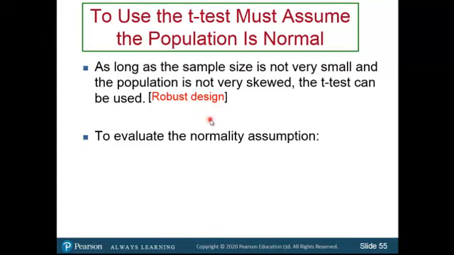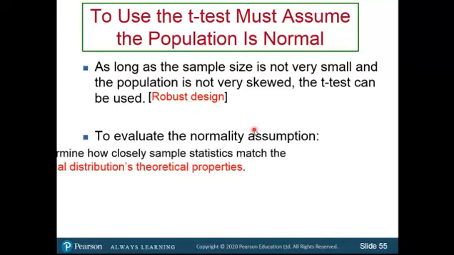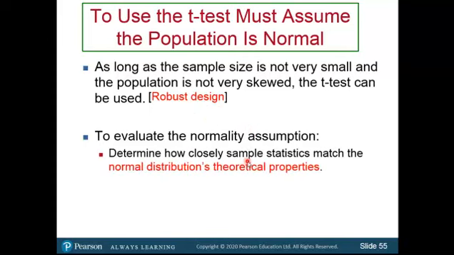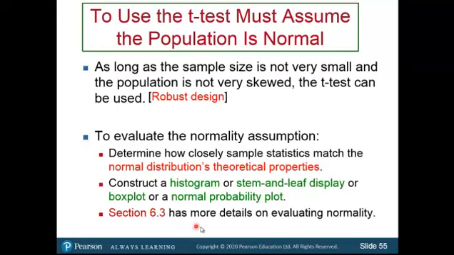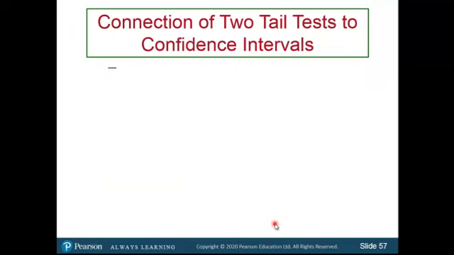To evaluate the normality assumption, you can determine how closely the sample statistics match the normal distribution's theoretical properties. You can construct a histogram, stem and leaf display, box plot, or normal probability plot for a more detailed evaluation of normality.